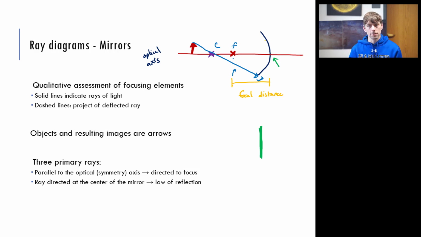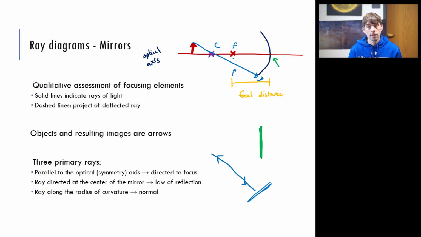Because that ray passes through the center of curvature, the ray coming in will be parallel to the normal of that little piece of the mirror. In other words, the ray will be reflected back along the same path. And that is really important.